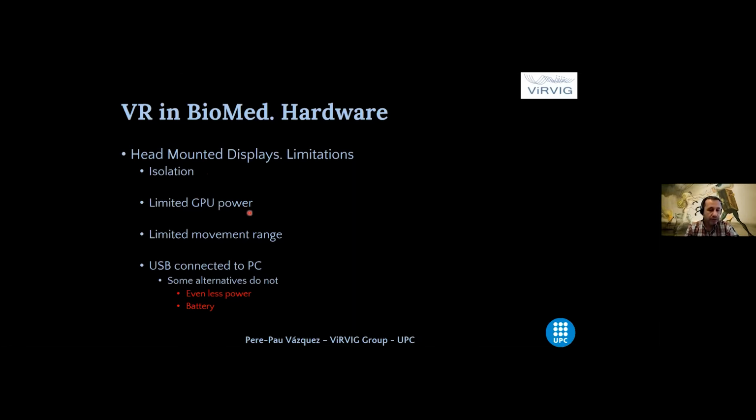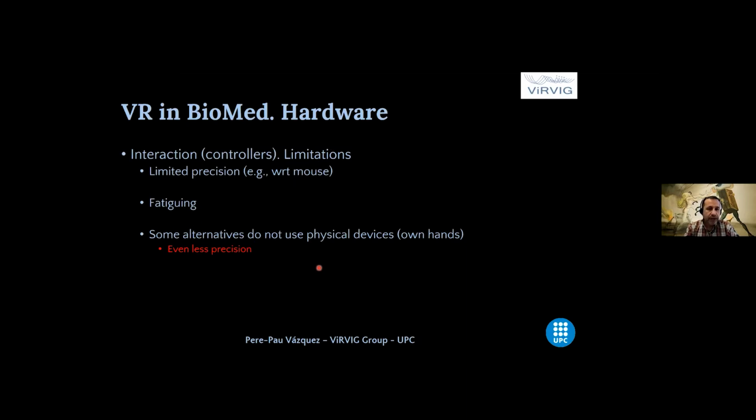And also, if you have the device connected by USB to the PC, you have the wire that does not let you move, okay? And it's kind of cumbersome for interacting. And although there are some alternatives that do not have this connection, their GPUs are less powerful than the GPU in a desktop PC. So then there are other compromises that we have to make.